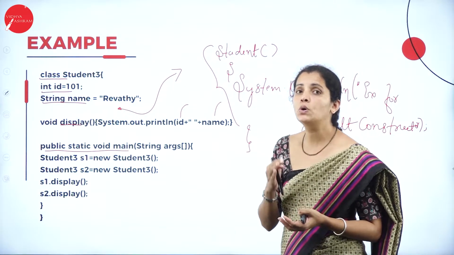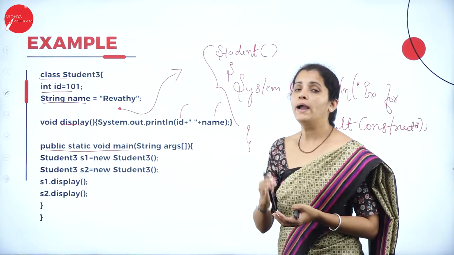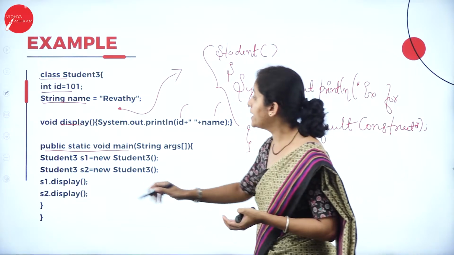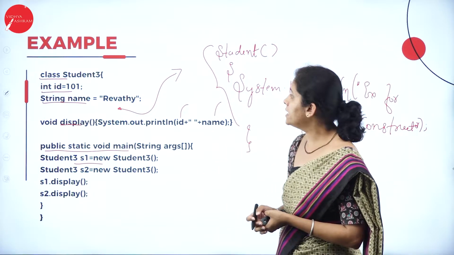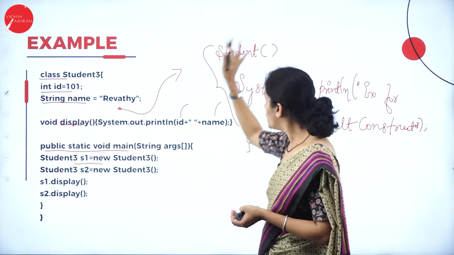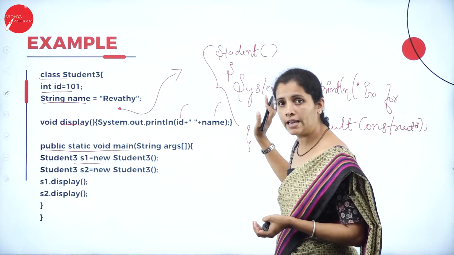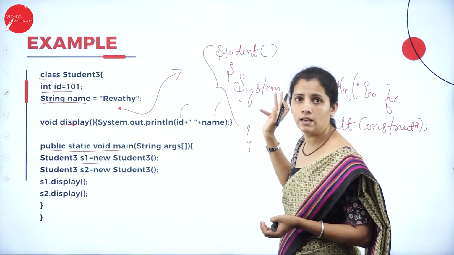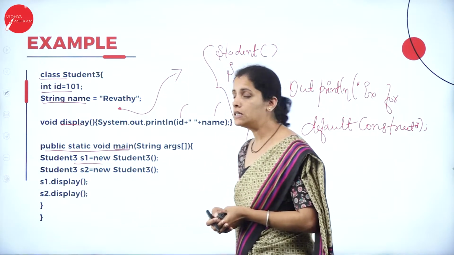It's going to call the default constructor when I create the object S1. So dear student, if I consider this program with the default constructor, it's going to work well. Now, see here, I have the main method.